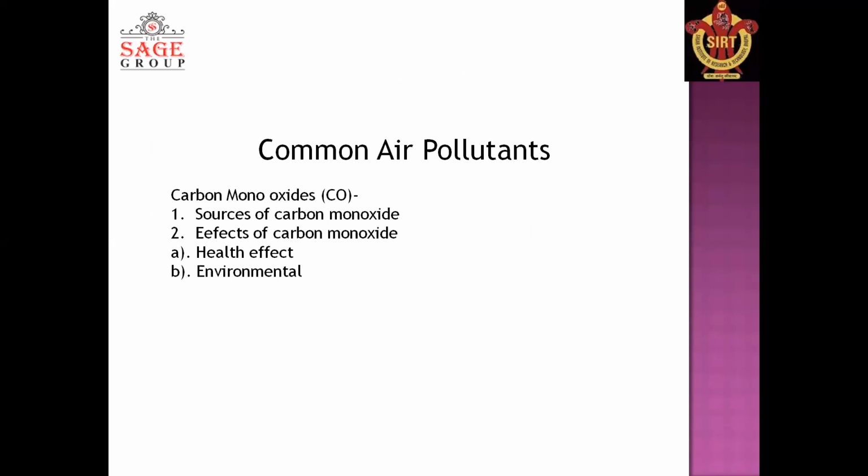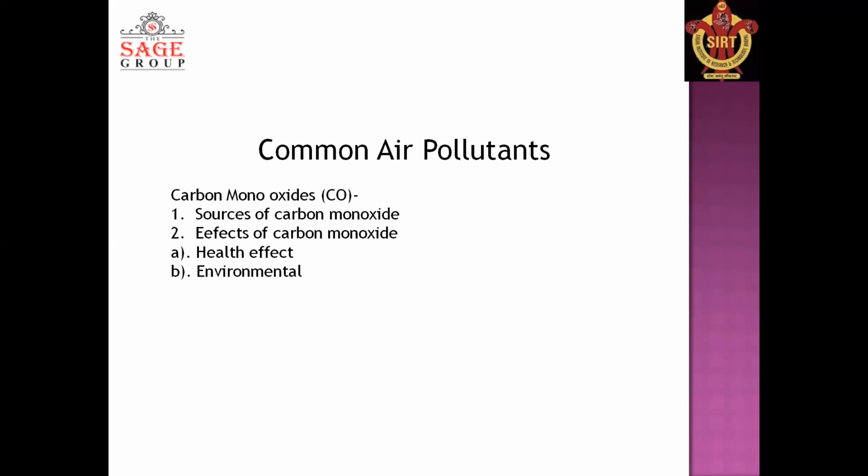It is a colorless flammable gas which is a product of incomplete combustion. If carbon were completely oxidized during burning, complete combustion to carbon dioxide would occur and carbon monoxide would not be a problem. So it is important not to confuse carbon monoxide with carbon dioxide, right?